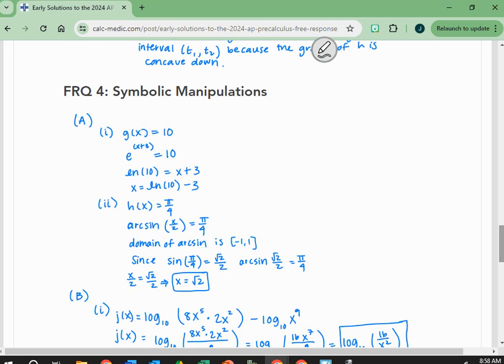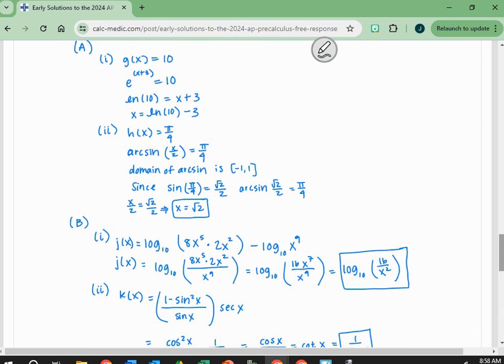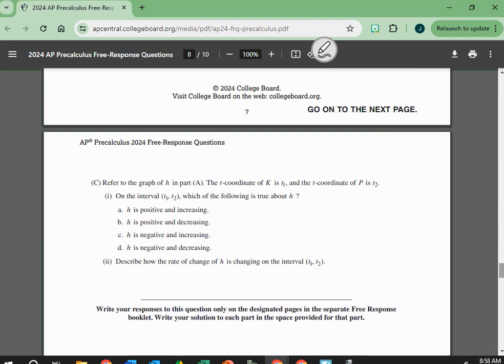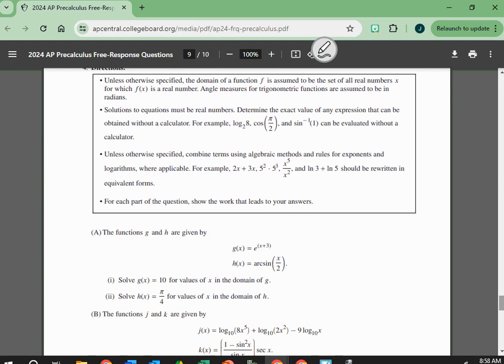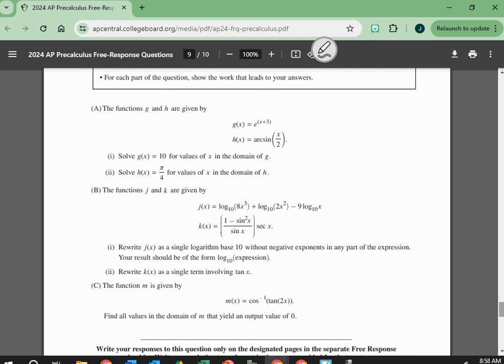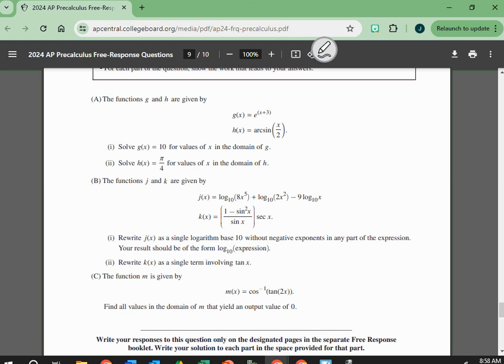And then the last one. So you've got your two functions. You were like, what? We're combining E and arcsine? What is happening? So part I, just setting it equal to 10 and then being able to solve that algebraically with your logs, natural logs.